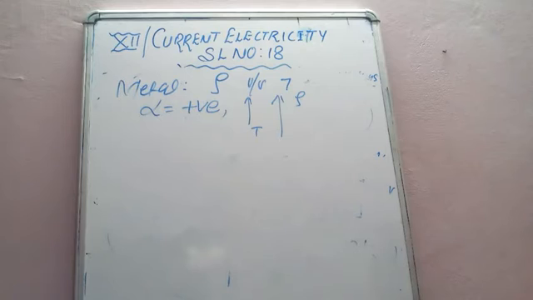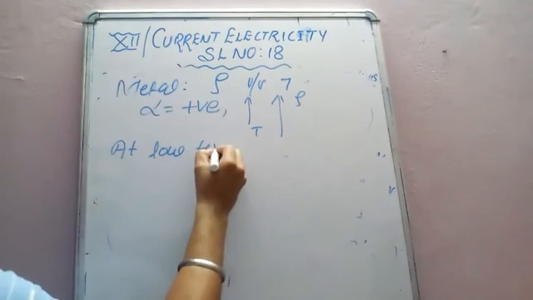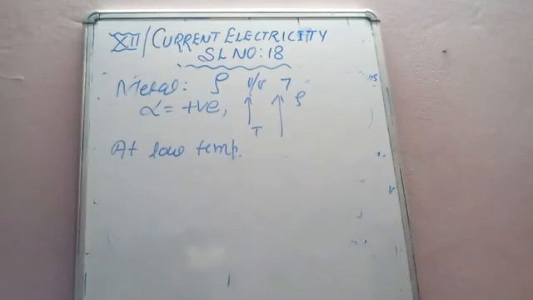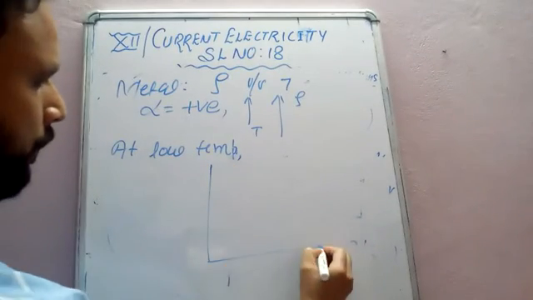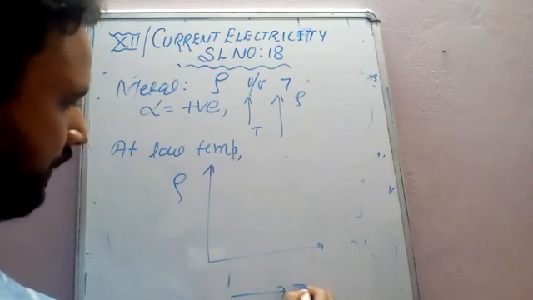Now it has been observed, a very important point, that at low temperature, conductors like aluminium and copper have non-linear dependence. A very minute observation. This axis is resistivity and this is temperature.